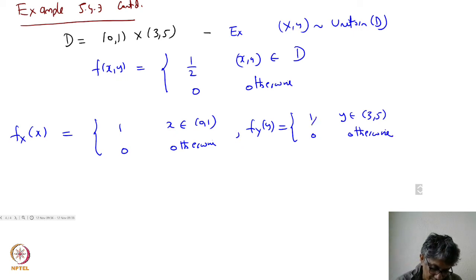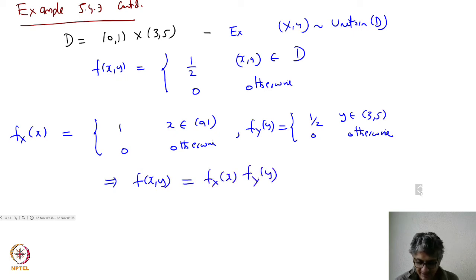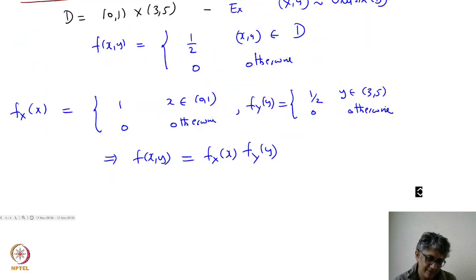It's easy to check. Once you check this, you also observe that f of x comma y will split up as the product of the two densities. This is an exercise you can check, and that will imply that x and y are indeed independent.